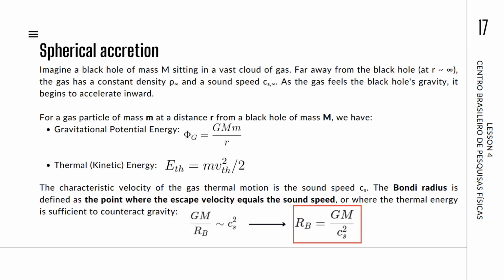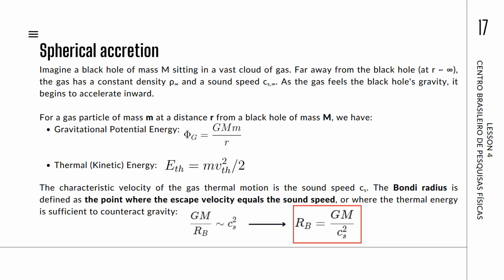Okay, now we will talk about another thing that is fundamental for AGN astrophysics, which is the spherical accretion. There is no kind of accretion that is simpler than that.